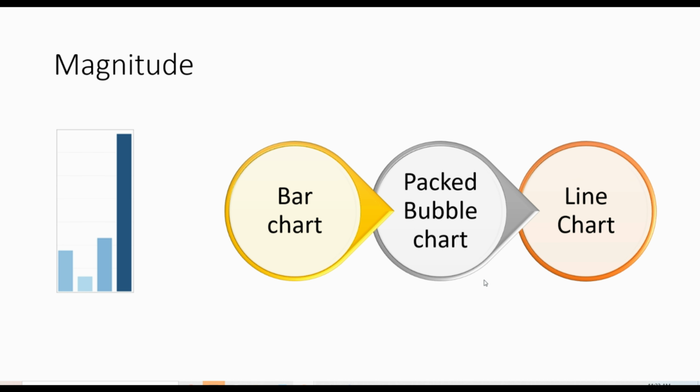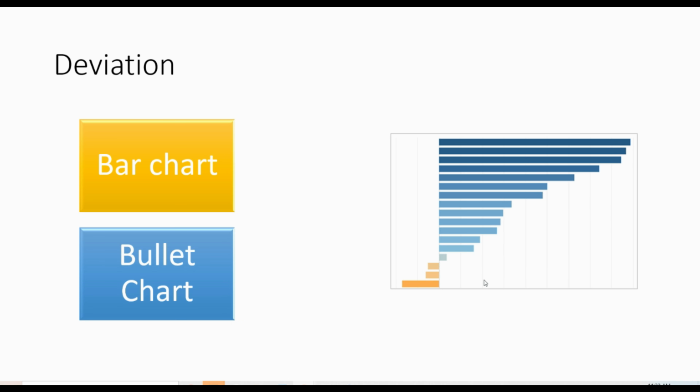So that we call a magnitude chart. If you want to compare magnitude, you can use a bar chart, packed bubble chart, and line chart. If you want to show some deviation, you can go ahead with a bar chart or the bullet chart.